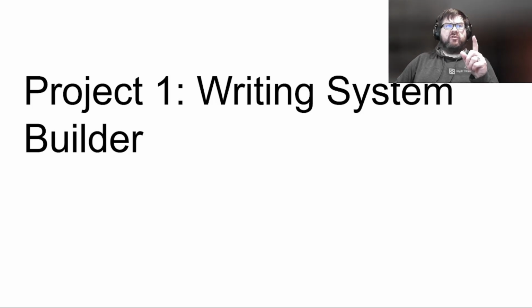What does the project produce? The first project we have is the writing system builder. I've already run that, and we're going to walk through what that does, how it works, how I interacted with it, how I customized my prompt for my book. I did intentionally customize it so you can see that. And that will show you how you can build your writing system.